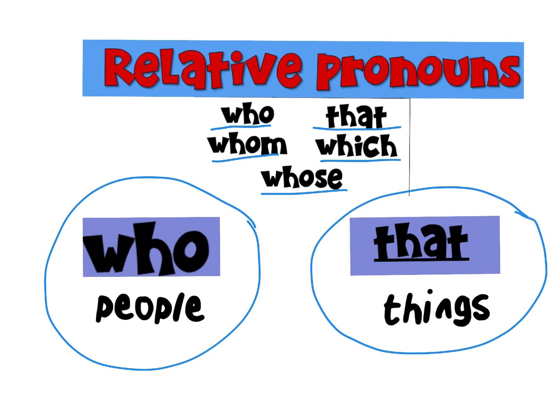Remember, a relative pronoun starts the adjective clause, and the adjective clause gives us more information about a noun or pronoun. Those 5 relative pronouns again are who, that, whom, which, and whose. You need to remember this week that who is for giving more information about people, and that is giving more information about things.